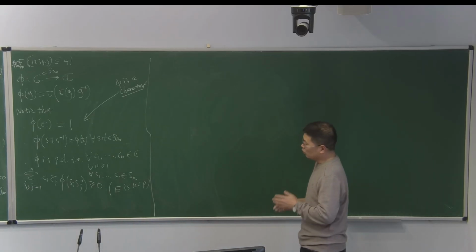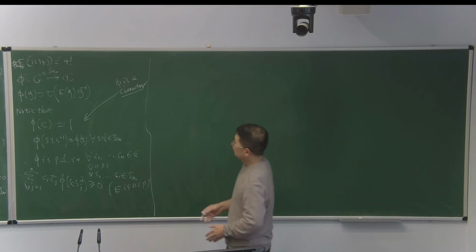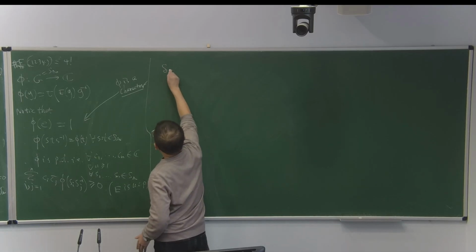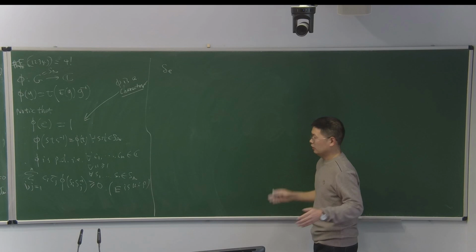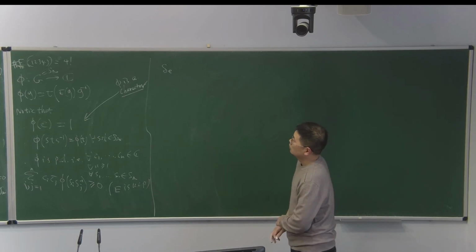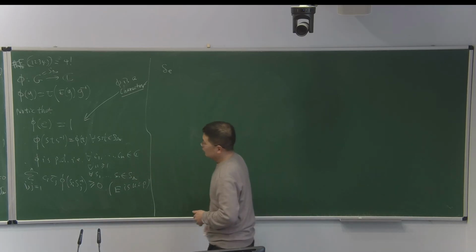And if it equals 0, then this character must be the simple one, E, which takes value 1 at the identity element and 0 on other elements. So we use this simple observation to finish the proof.